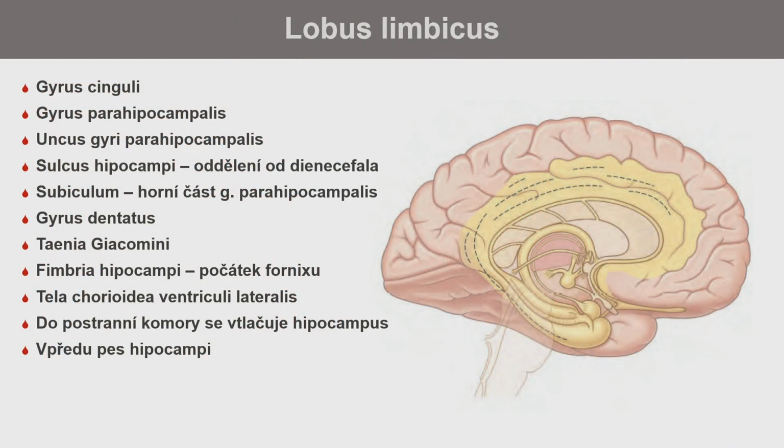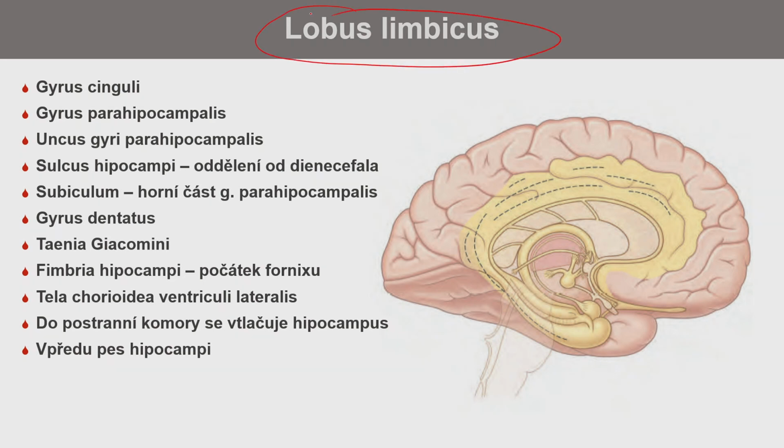Now we turn to the rest of the cortical regions in the telencephalon, and also here it could be one more completion of information from last lectures. So what's very important is the limbic system.